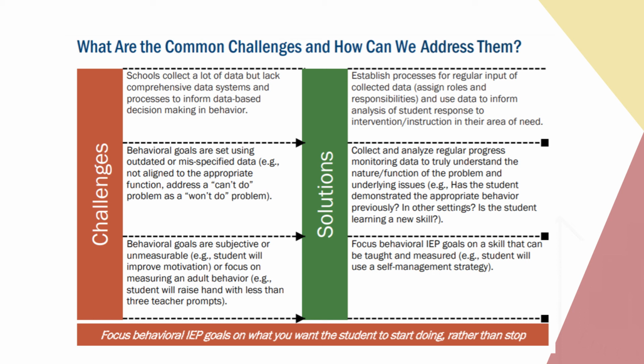Make sure you use your data. It can be extremely frustrating to a teacher if they are collecting multiple points of data, but they never see it in action. The next problem faced by some schools is they are not using appropriate data to make decisions. If this is the case, then progress monitoring data is your solution.